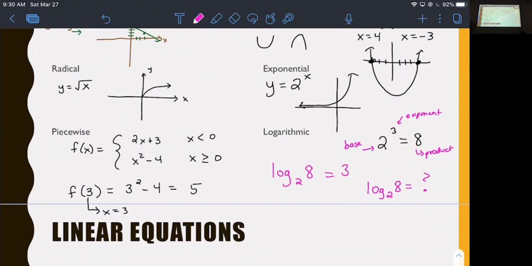What's the base? 2. And remember, logs are always equal to an exponent. I don't know what the exponent is, and now it's going to equal the product. And you just have to fill in the blank. What exponent goes there to make it true? It would be 3. That's how you can deal with logarithmic type problems.